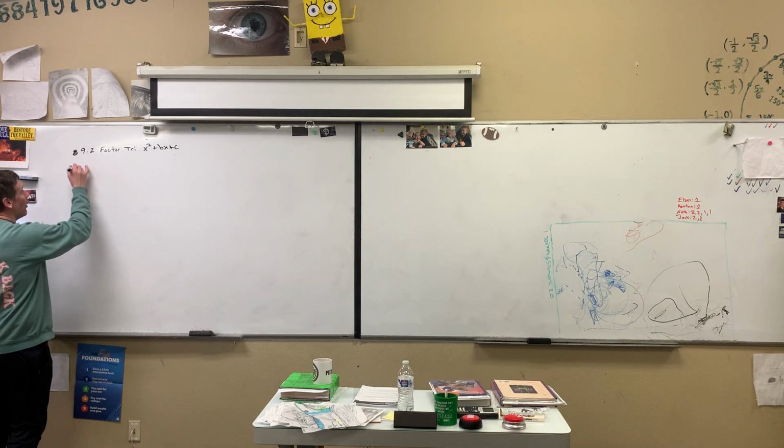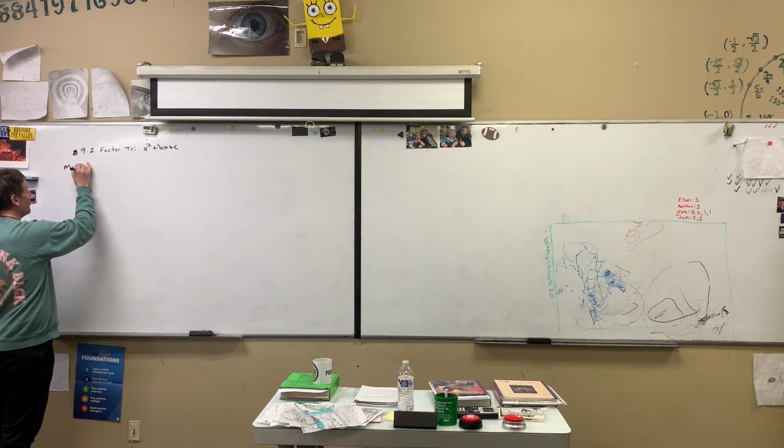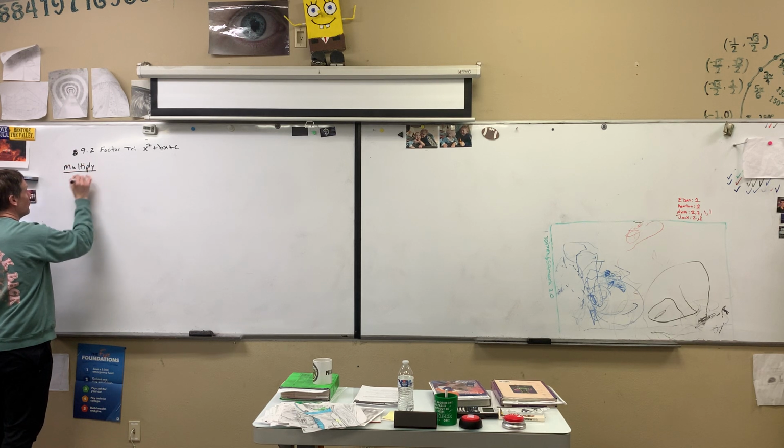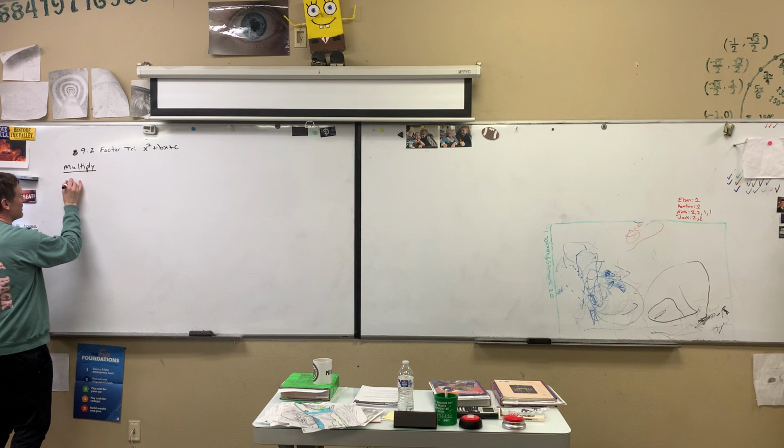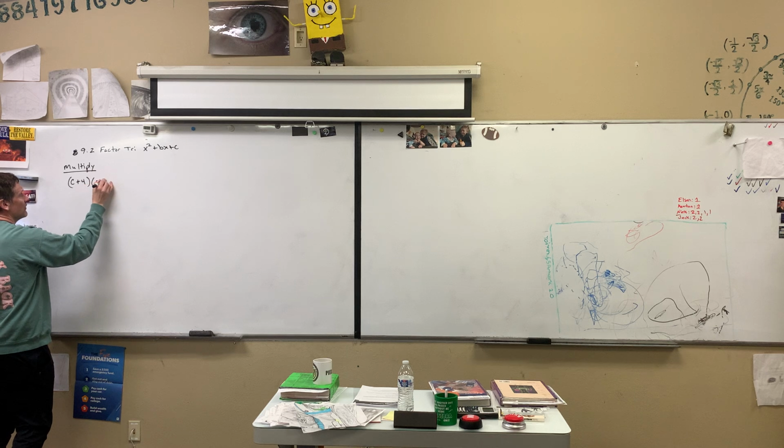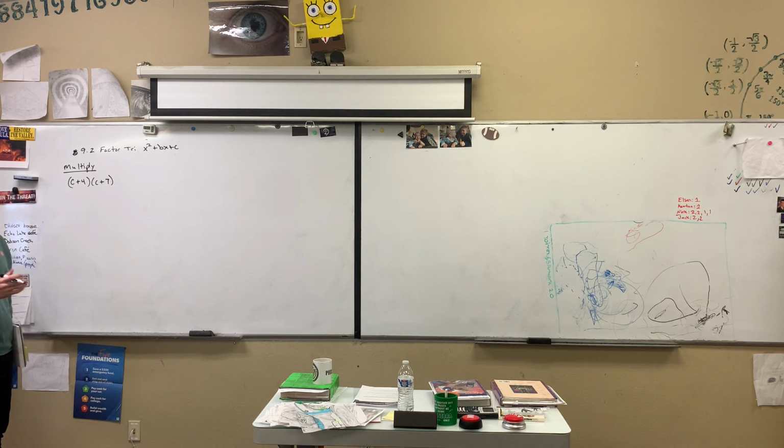If you recall, let's do a little bit of review. Multiply. When we multiply, say, c plus 4 times c plus, let's go with 7. This is review. We've multiplied these before. It's nothing new. Hopefully from chapter 8 we did pretty good on that.